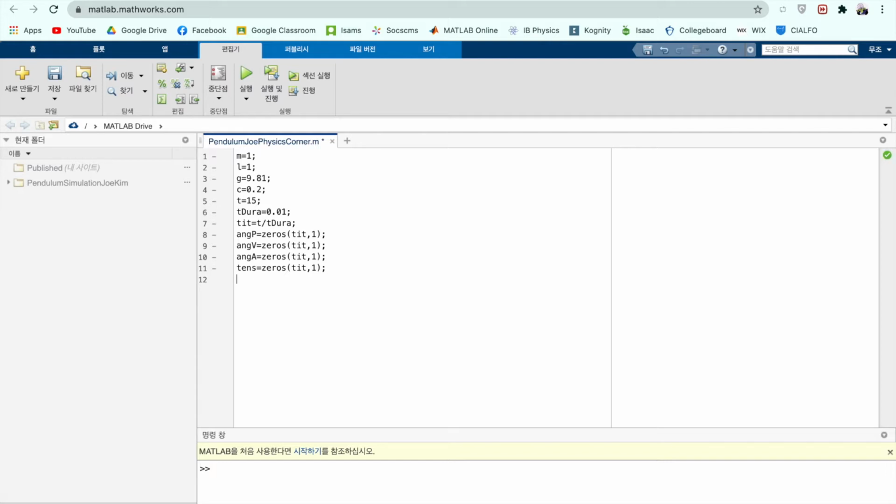And I'm going to assign my initial quantities. So I'm going to have the first value in my angular position equal to pi divided by 2. I'm going to have the first value in my angular velocity as 0. It's going to start at 0, as well as my angular acceleration. It's also going to start at 0.